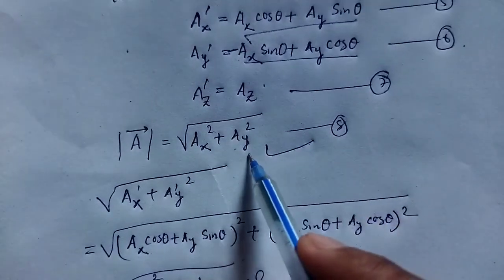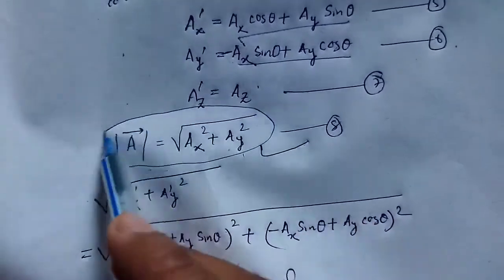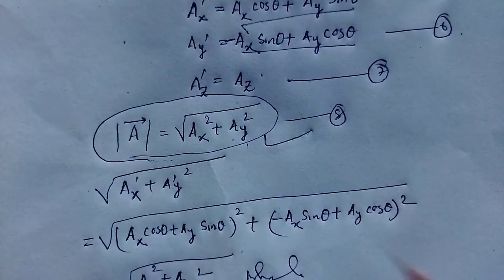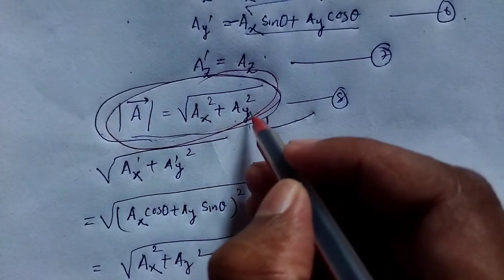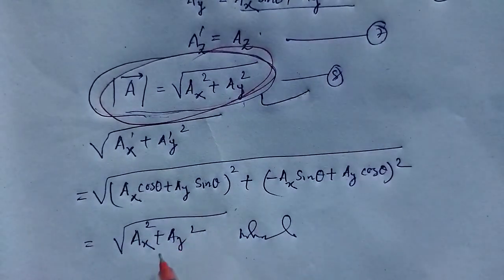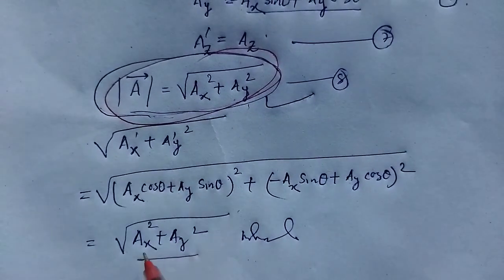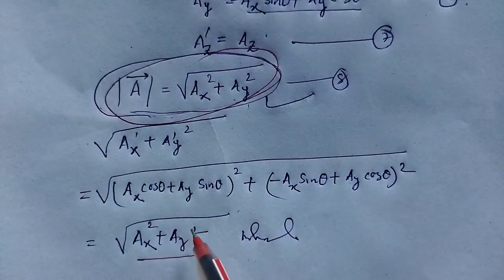In equation number 8, the magnitude of A is equal to the square root of Ax square plus Ay square. Similarly, the new magnitude is the same, the square root of Ax square plus Ay square.